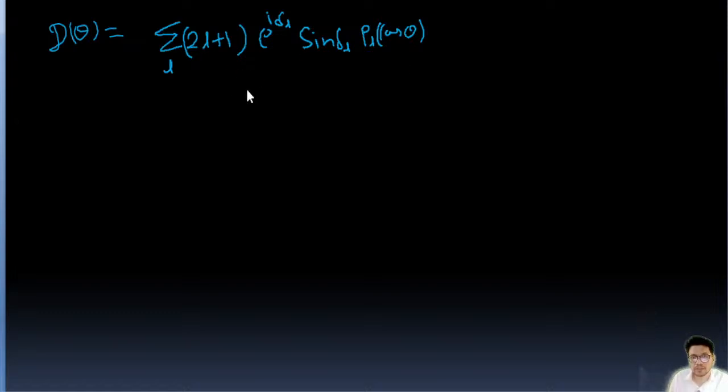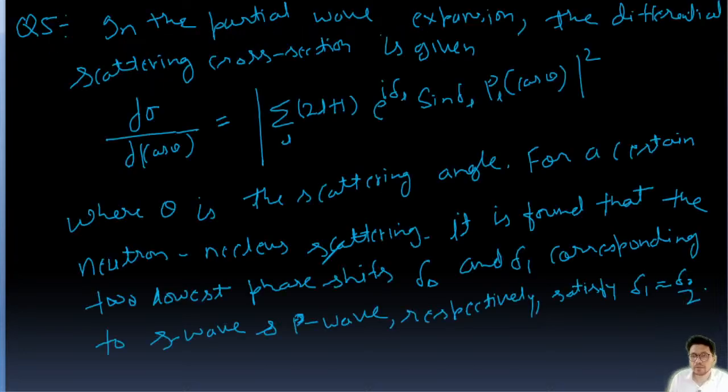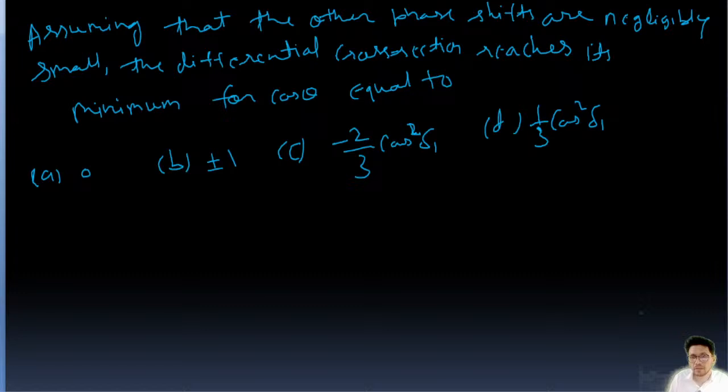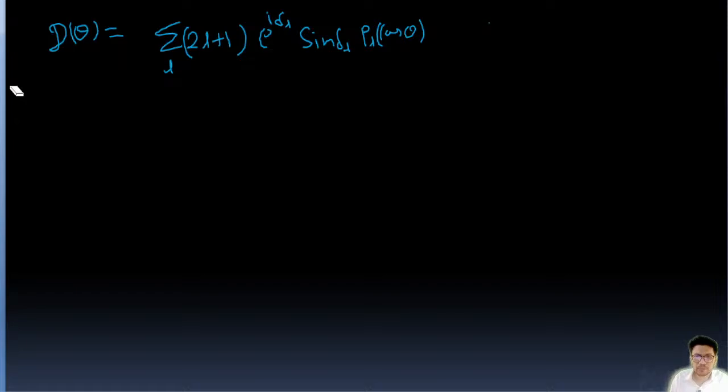So this is the formula for differential scattering cross section, which is also given here. So now what we'll do is we'll set the derivative equal to 0, and we'll find the value of cos theta for the minimum. That is, the differential cross section reaches its minimum for what value of cos theta, that we'll find, okay.